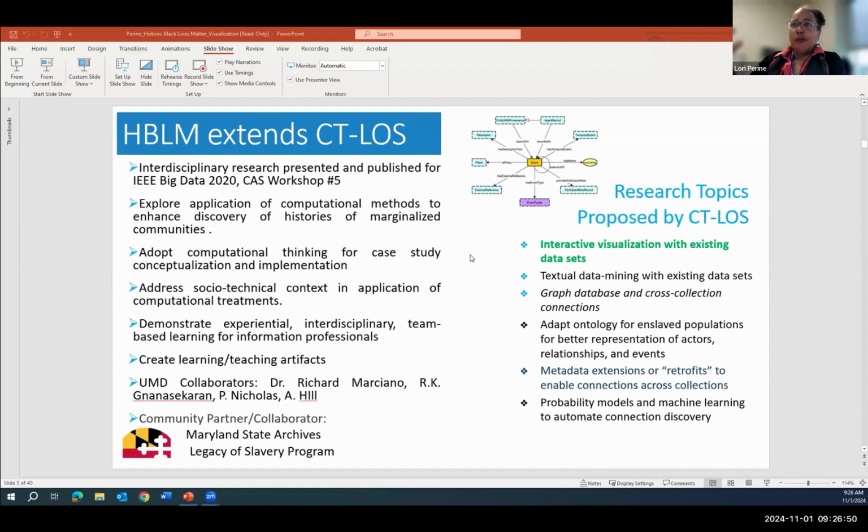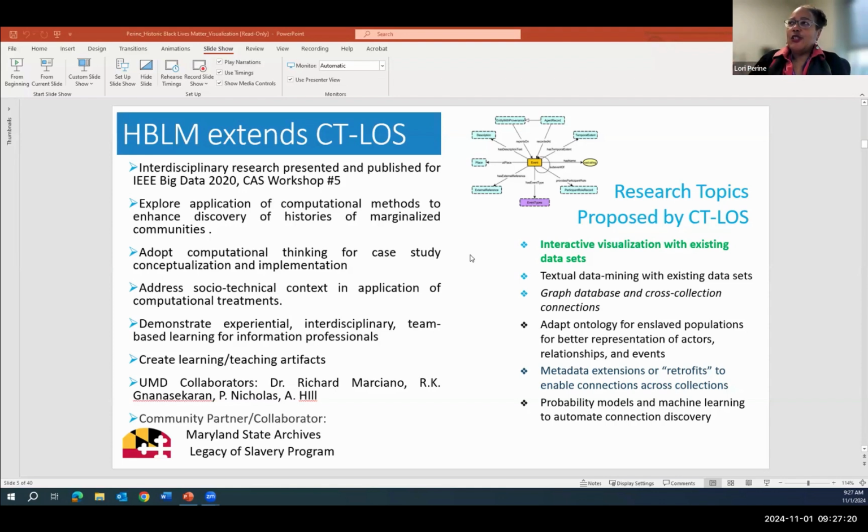So this Historic Black Lives Matter is an extension of some projects that we began in about 2019 and are ongoing in various forums, where we're looking at computational treatments for the Legacy of Slavery collection at the Maryland State Archives. So when you see that CTLOS, that's what we're talking about, computational treatments for legacy of slavery.